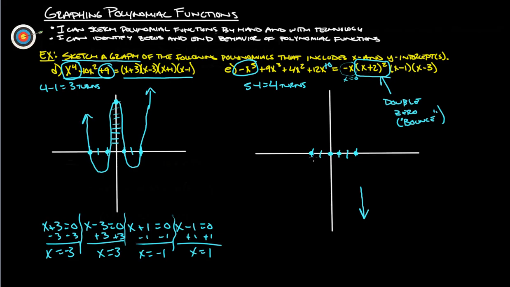So we know it's going to go up, cross through this one, come back down through that one, back up here, and then turn and bounce off of this one, the negative 2, and come back up. Whichever term is squared, the x plus 2, that means negative 2, it's going to bounce off of that point right there.